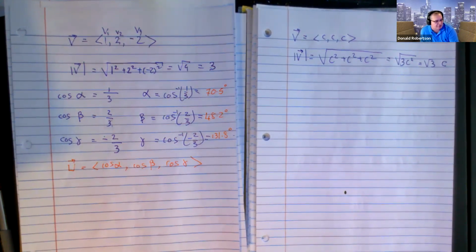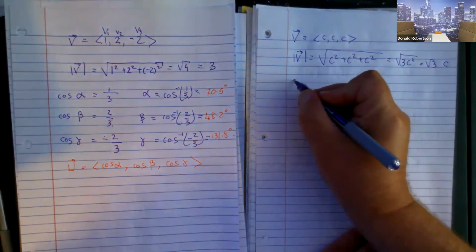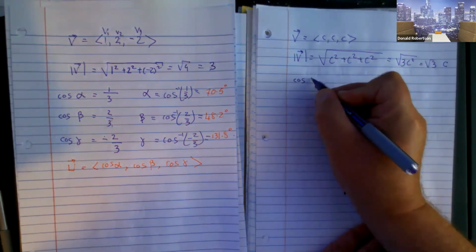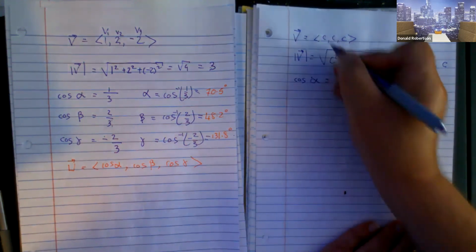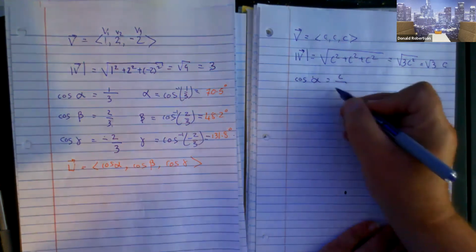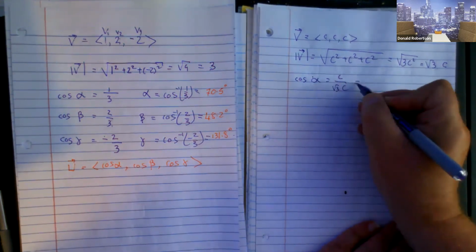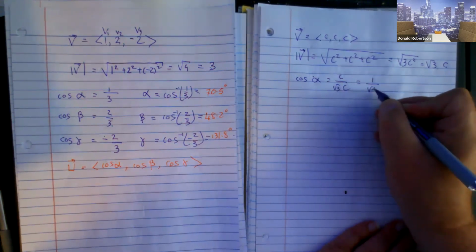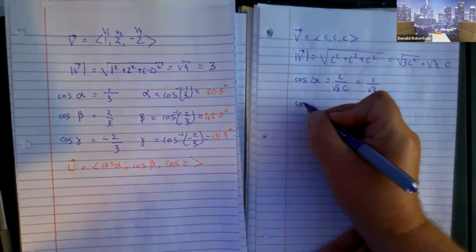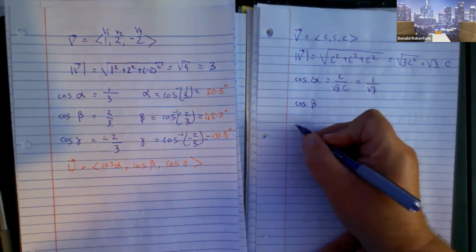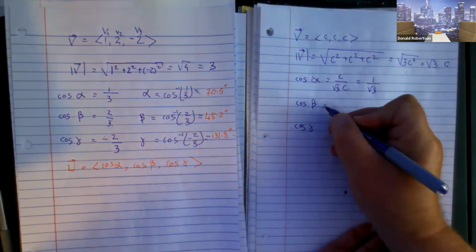Can't you separate out the square root of C squared and just get a C without a square root? So the cosine of alpha is C over the square root of 3 C, which cancels down to 1 over root 3. And the cosine of beta and the cosine of gamma, it won't surprise you.